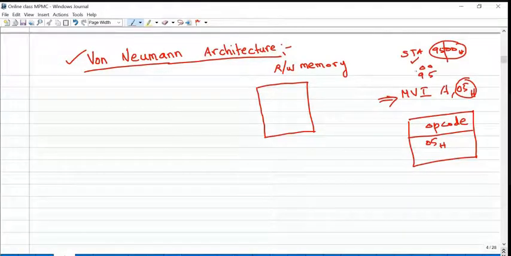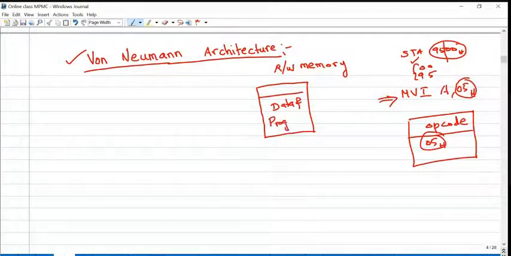So our opcodes, our addresses, our data, all are stored in a single read-write memory. Generally we refer to this as data and program. Data and programs are stored in the same read-write memory, so this kind of architecture is called von Neumann architecture.